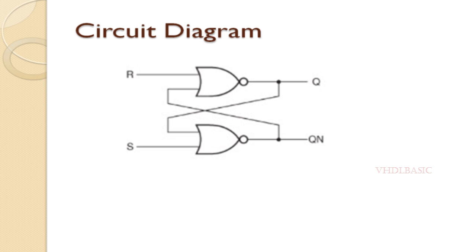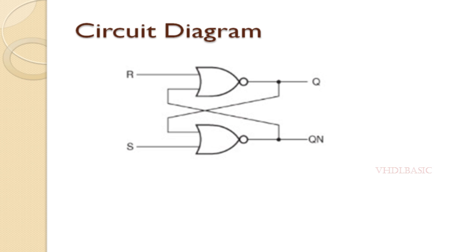As a starting point, assume that the set input is 1 and the reset input is 0. Since gate 2 has an input of 1, its output Q bar must be 0, which puts both the inputs of gate 1 at 0 so that output Q is 1.